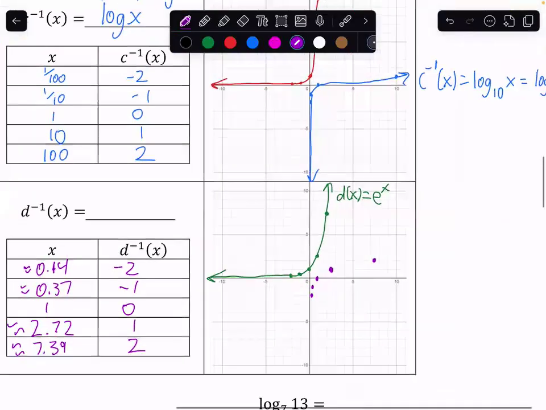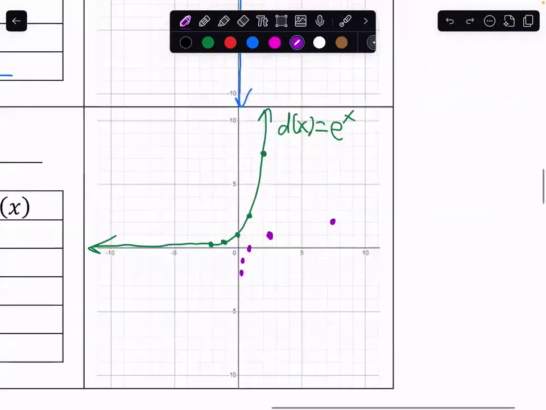Just like the ones above, you can see that on the right side, it's slowly increasing, but on the left side, it's diving downwards.